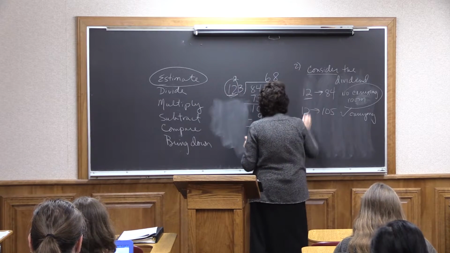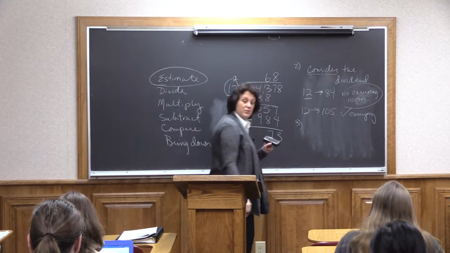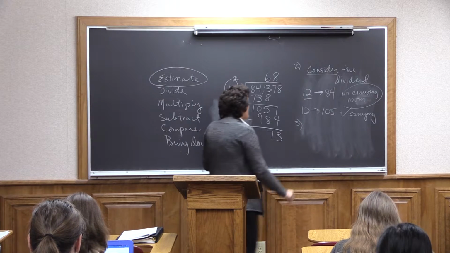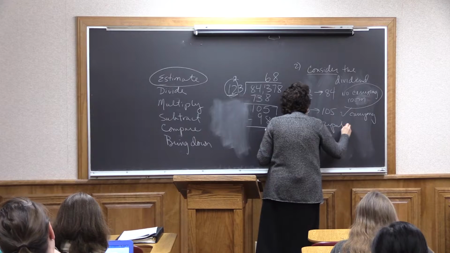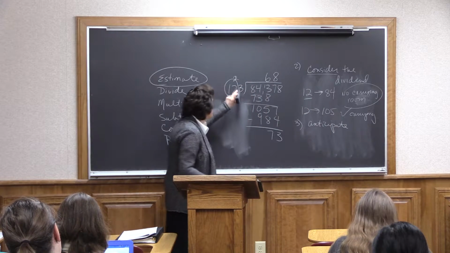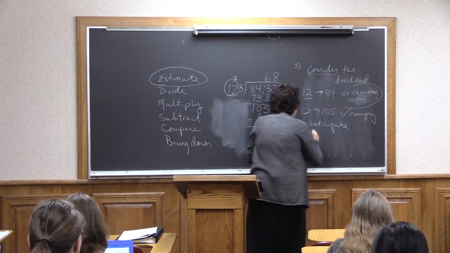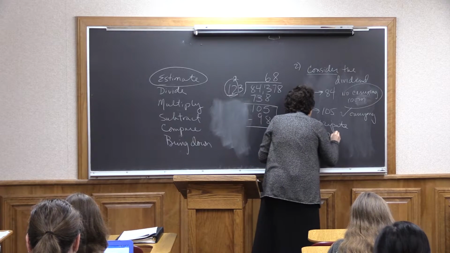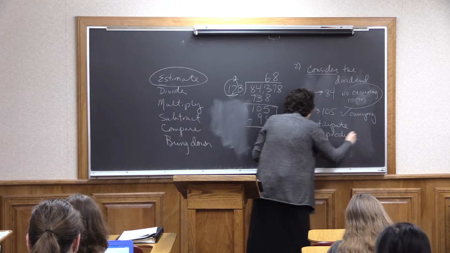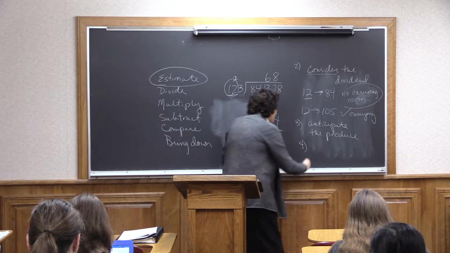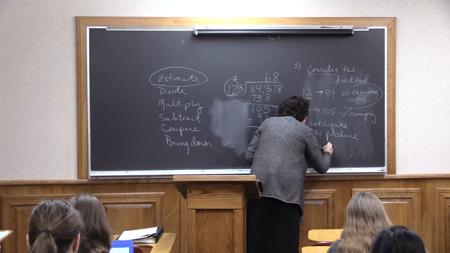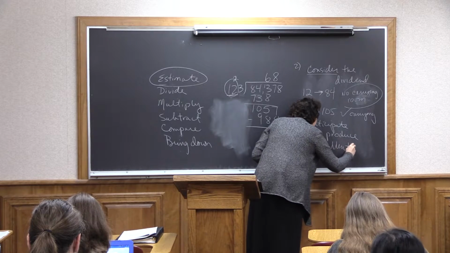Here's the second strategy. Third strategy is to anticipate the product that I'm going to be getting. I just did that a little bit. I anticipated the carry of the 2. Anticipate the product, and the third strategy plays a direct role in what I'm going to show you next, and that is pay attention to what you just used.